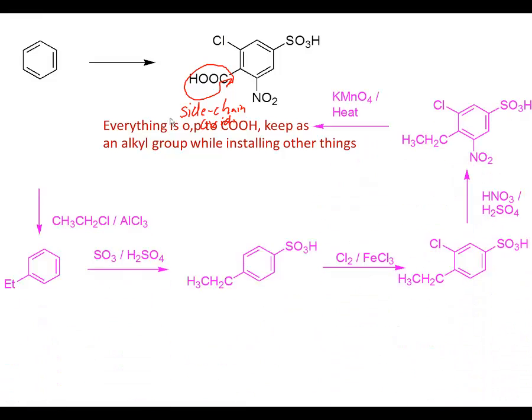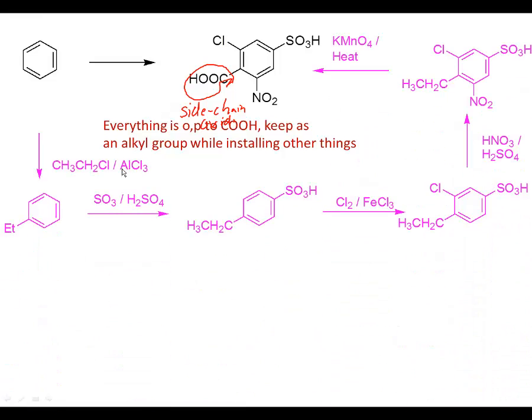Okay, the best way to do this is to make ethylbenzene or any other alkyl group that's capable of doing the side chain oxidation. You just don't want a t-butyl group here. Since you usually get more para than ortho, this would be the best reaction to do next. Then we would want to add chlorine and the nitro group. Let's just give these reactions names.